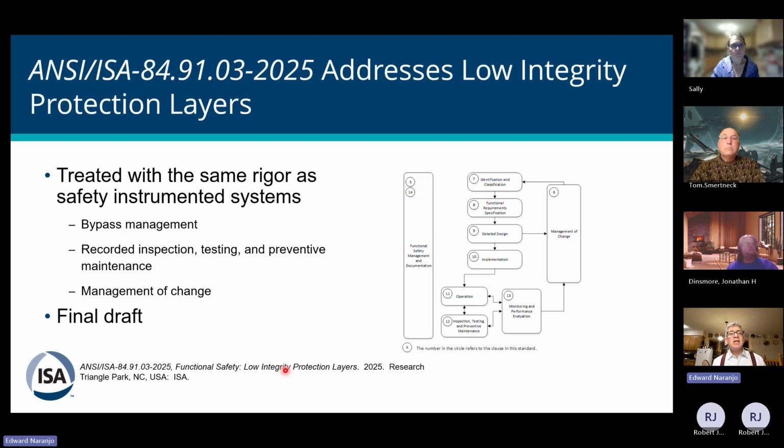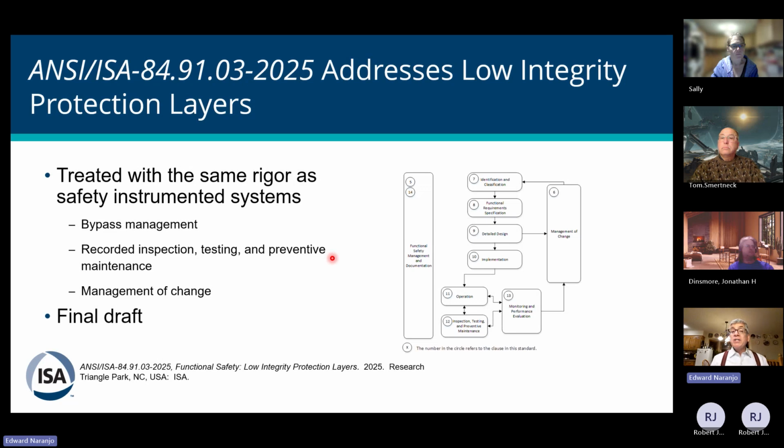But what is important here is that you are treating it to the same rigor as safety instrumented systems. Okay, so it is going to undergo the same rules under bypass management. You will need to maintain it with inspection, testing, and preventive maintenance, just as you would maintain a safety instrumented system.